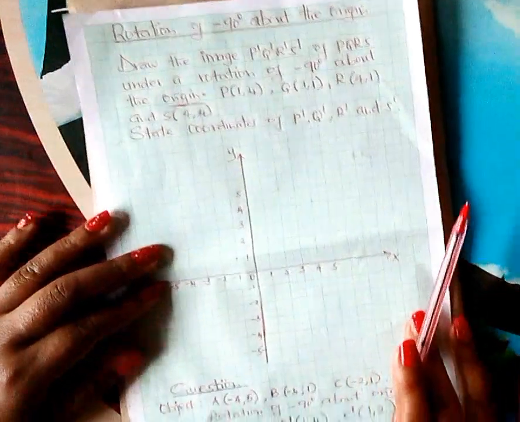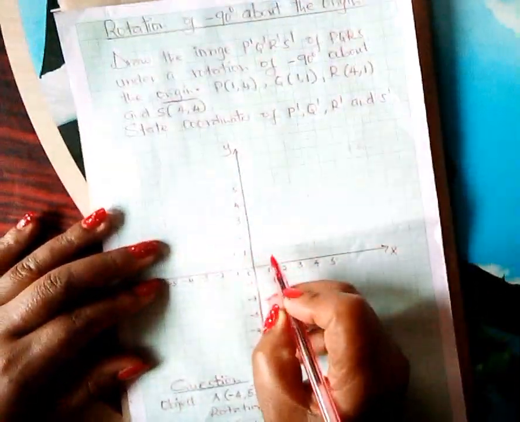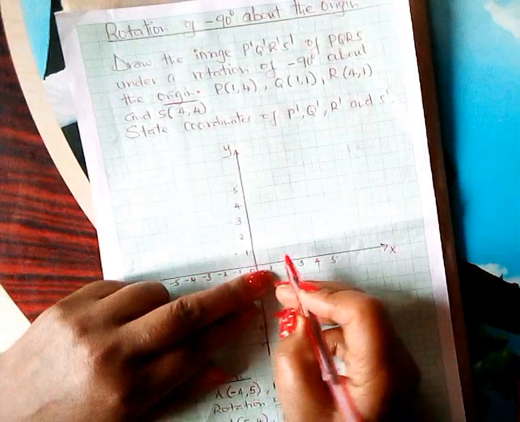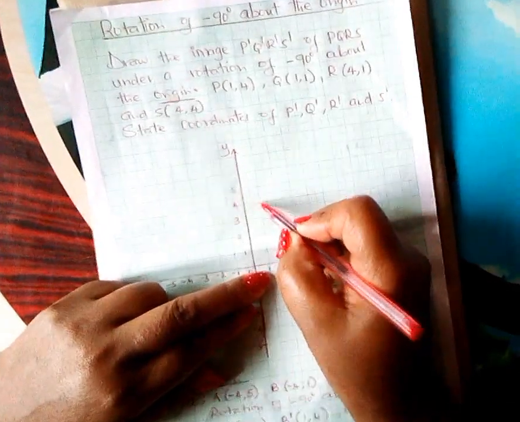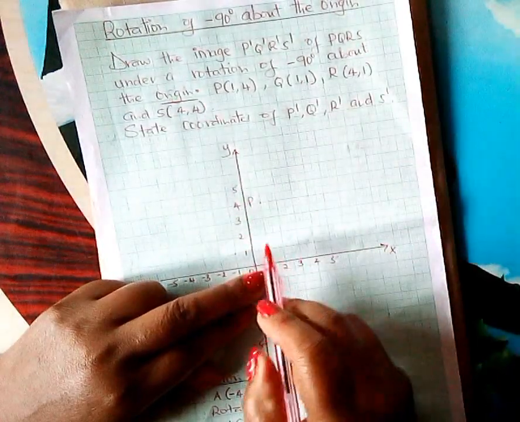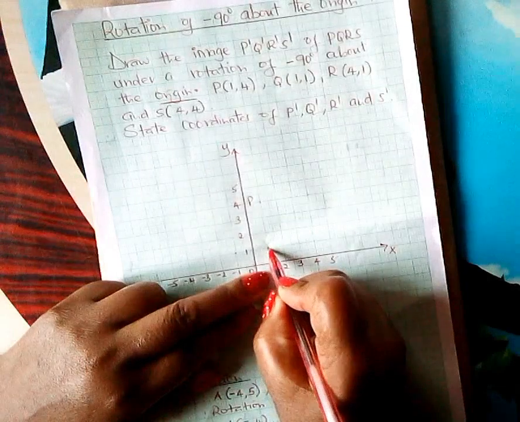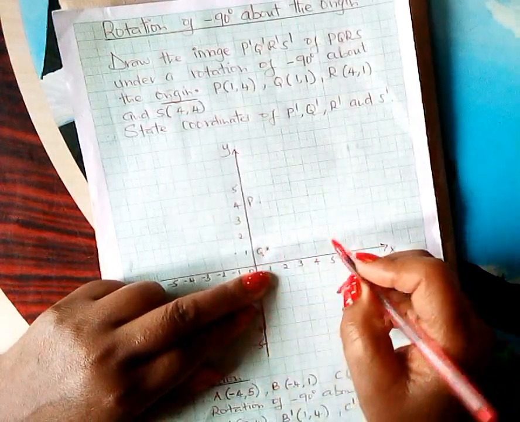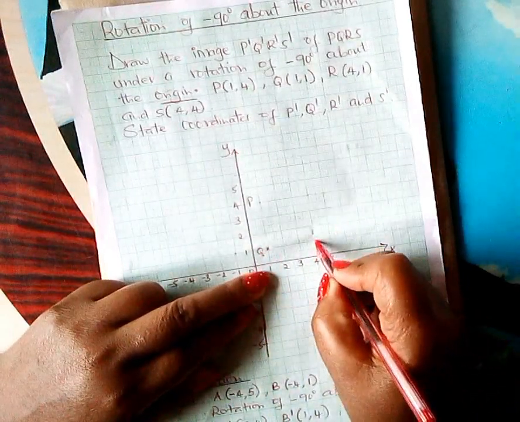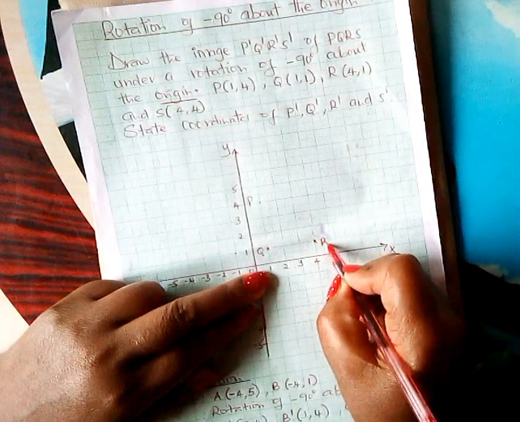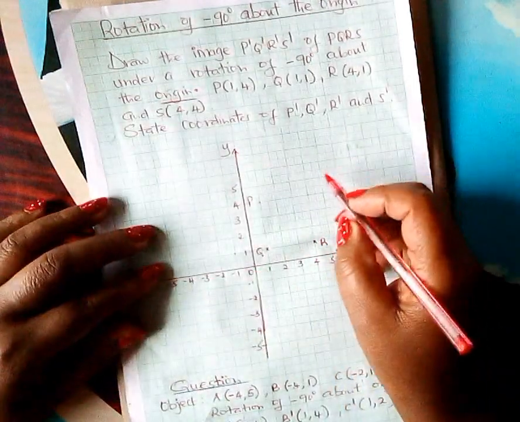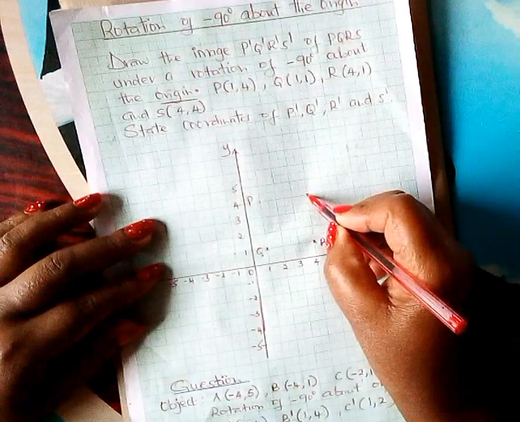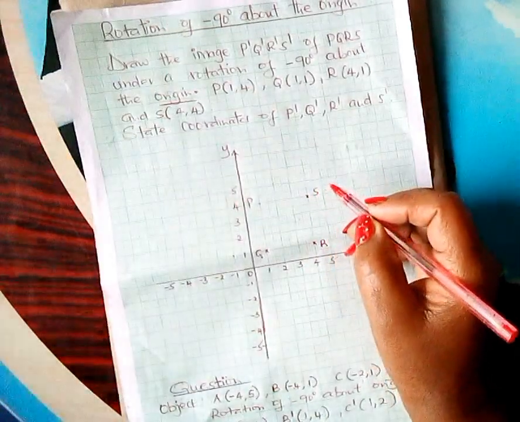So learner, let us plot the object. P is at (1, 4). (1, 4) is here, so this is our P. Q is at (1, 1). (1, 1) is this. R is at (4, 1). There we are. And finally, S is at (4, 4). There.